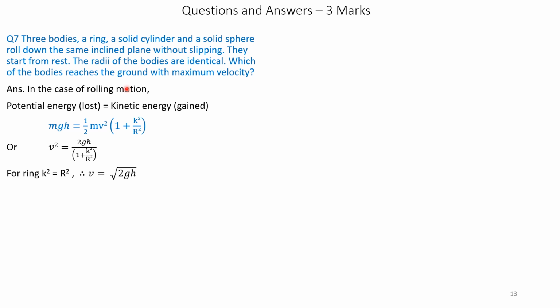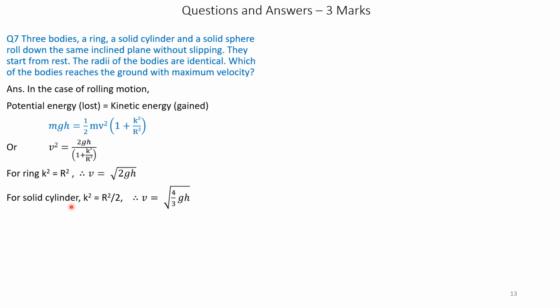Therefore, we will take each case of ring, cylinder and solid sphere. In the first case, for the ring, k square is equal to r square. Therefore, v will be equal to square root of 2gh. This k square equals r square formula we have given in our table in the previous video.